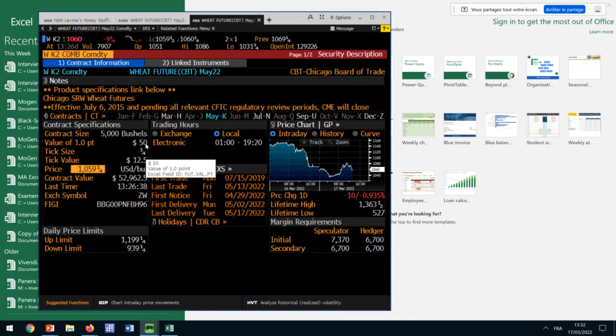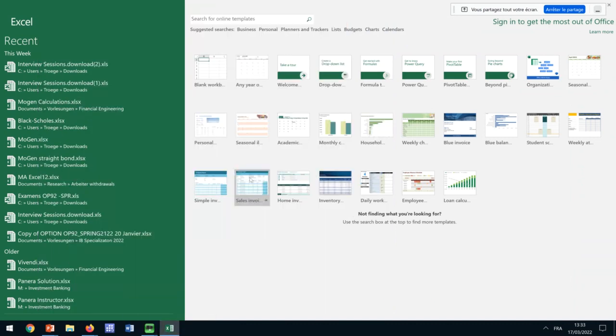That's $50. So if you have a price change of 380 points, we have to multiply it with 50, and that's what my Excel is going to tell you.